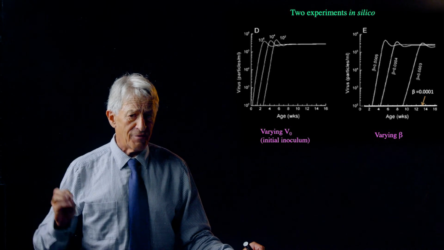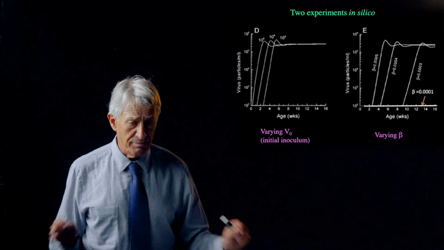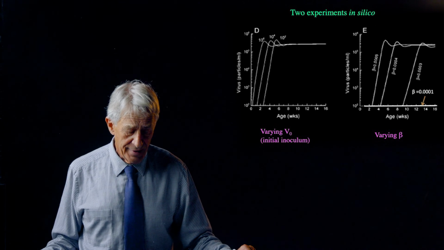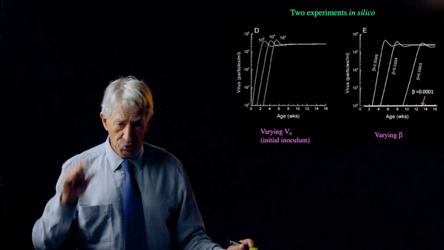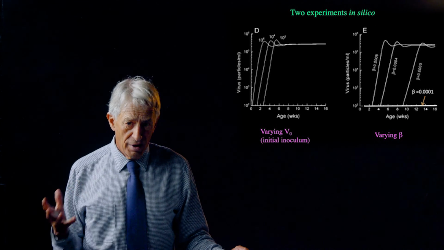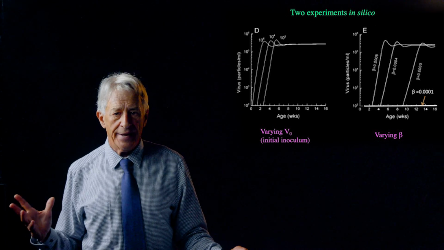You can tell from lab experiments what your beta is by seeing how effective it is at preventing the infection. And this gives you the actual numerical parameters of the therapeutic window in neonatal HIV.